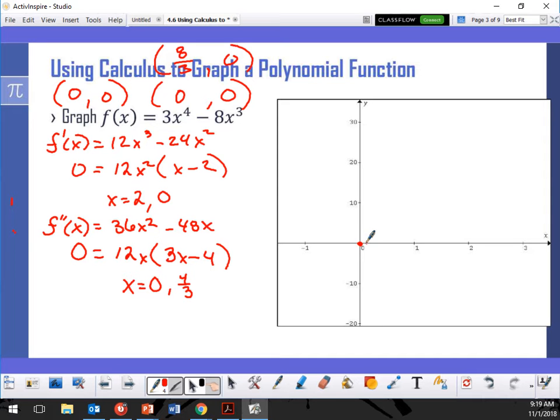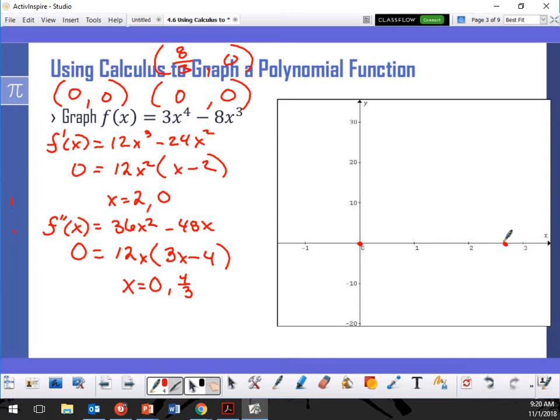So let's see, that's going to be 2 1/3, so it should be right here. No, 2 2/3, right? Sorry. There you go. So it should be right there. So now I got those on there. So I know that my graph has to go through those points, right? Yeah. Okay, that's good.